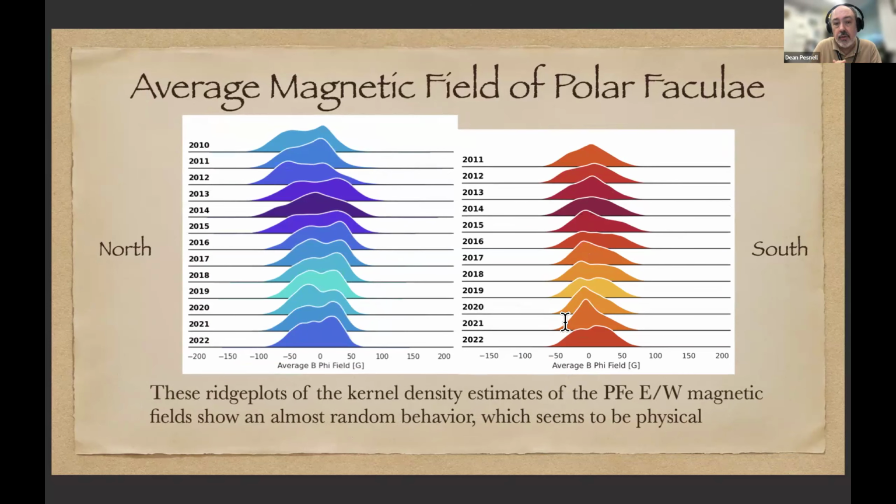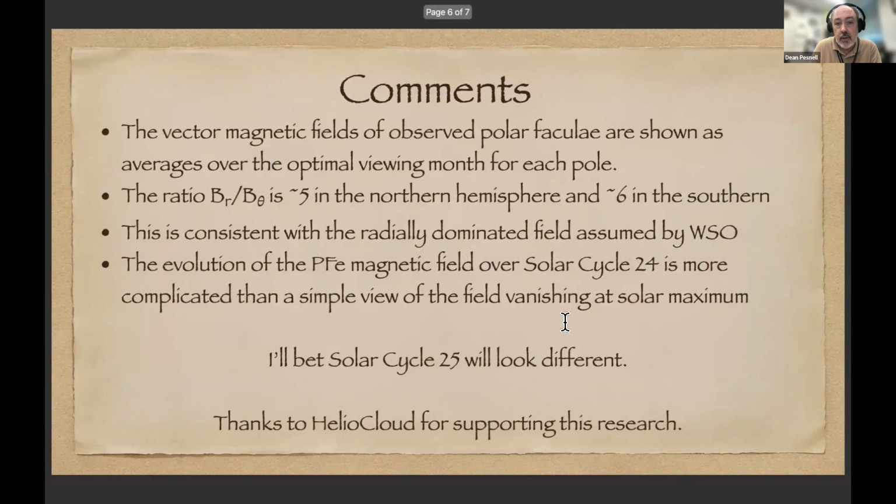And so here we see that the phi component looks to be a bit more random. It has the same magnitude as the theta field, but it seems to be more randomly oriented in space.